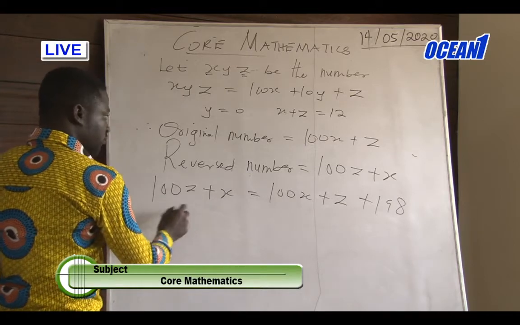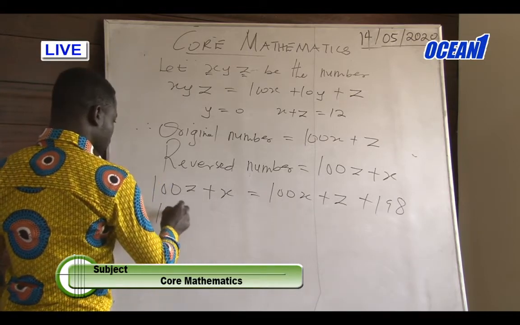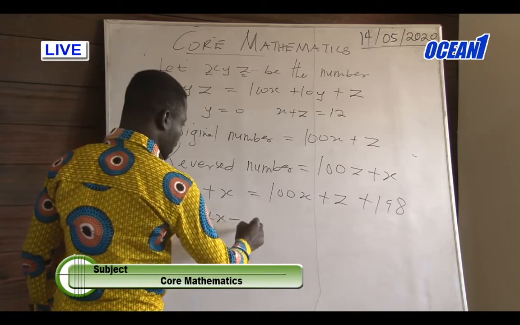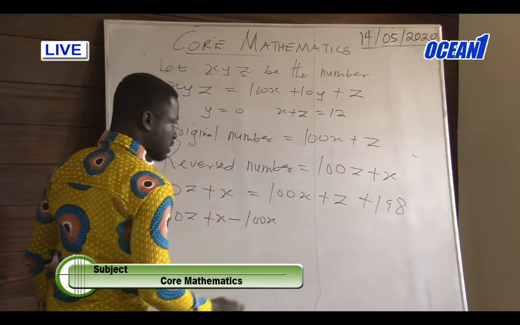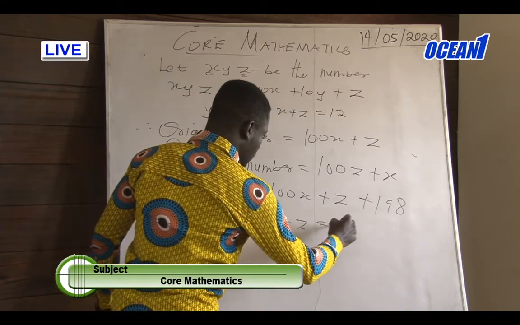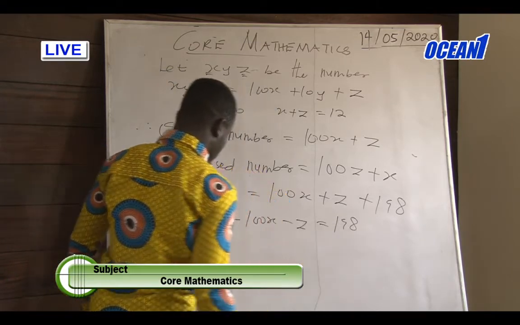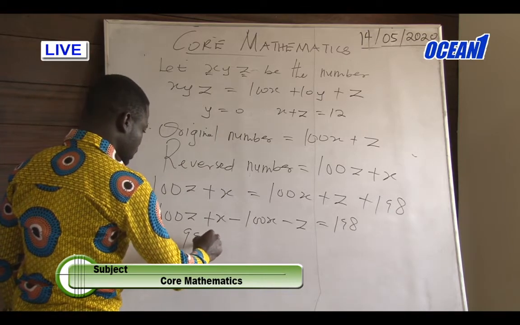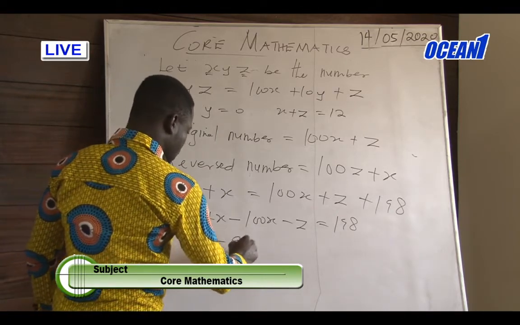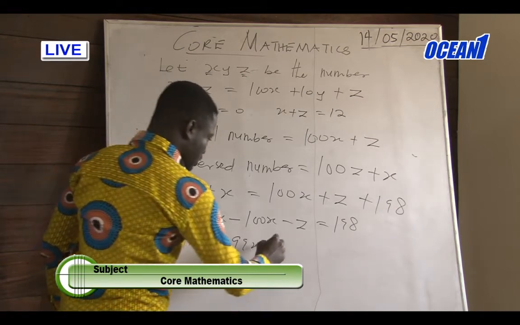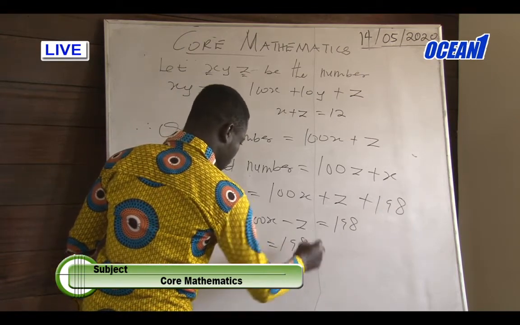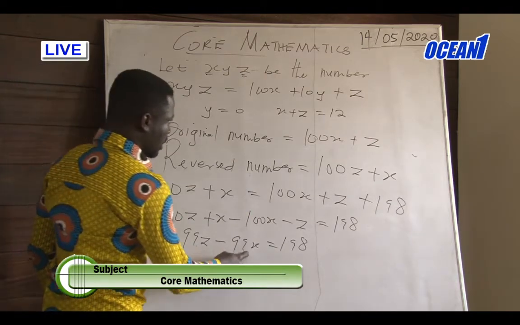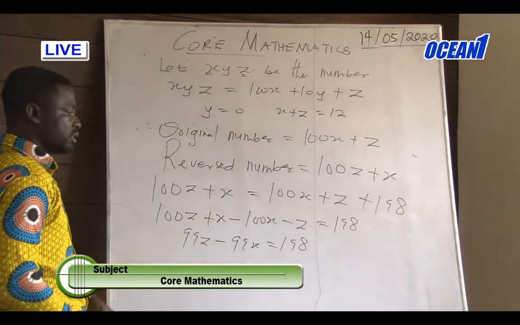So we are going to have 100z plus x minus 100x minus z, that is 198. If I subtract, I'm going to have 99z minus 99x, and that is 198.